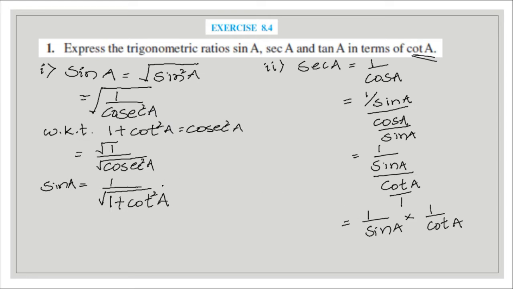Now in the previous one we had sin A as 1 upon root of 1 plus cot square A. I'll substitute that in this particular thing.